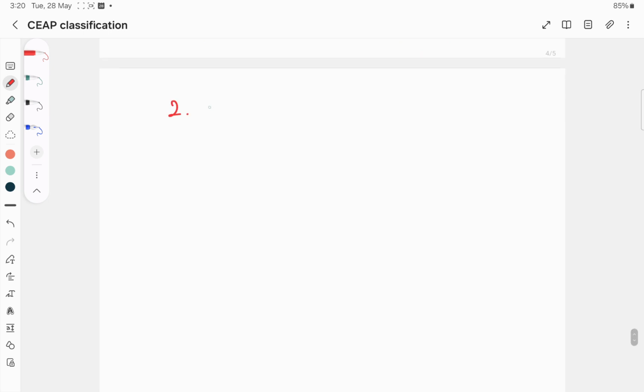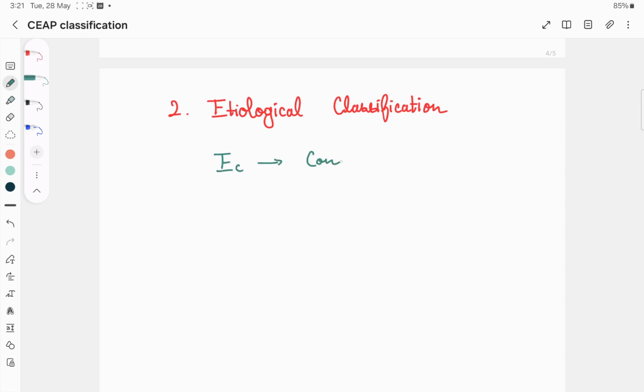Next we learn about etiological classification. So how do we classify venous disease etiologically?